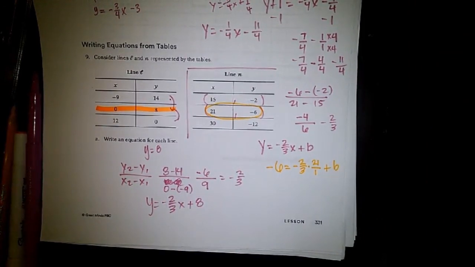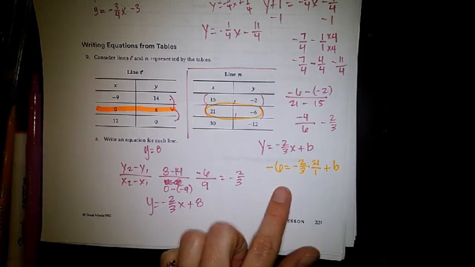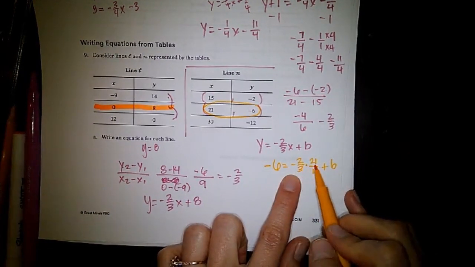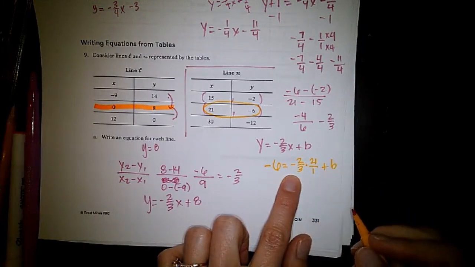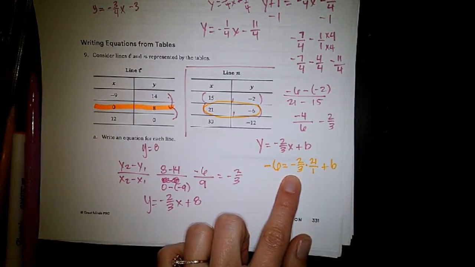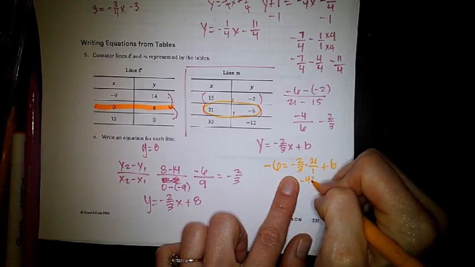What's negative 42 divided by 3? 3 fits into it 14 times. Okay, negative 6 equals negative 14 plus b.